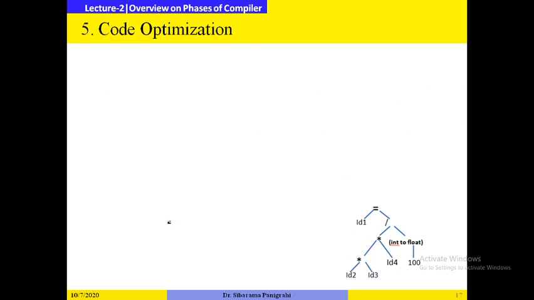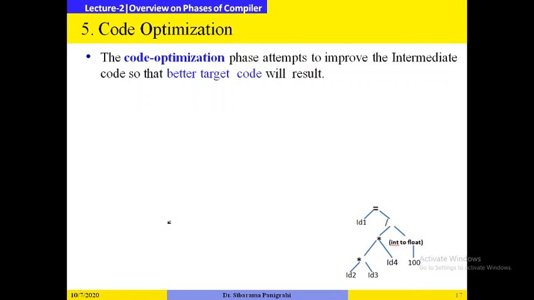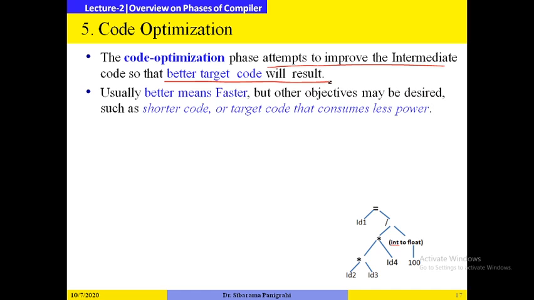Next, let us go through code optimization. What is code optimization? In the code optimization phase, we attempt to improve the intermediate code so that better target code results. Usually better means faster. If you can reduce some steps, then it's better to reduce them.